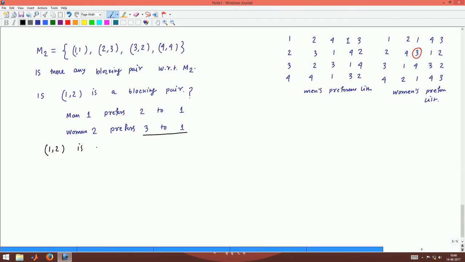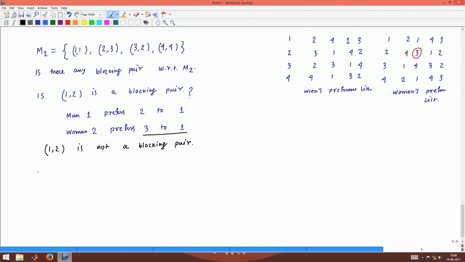is not a blocking pair, right. I hope you understood.